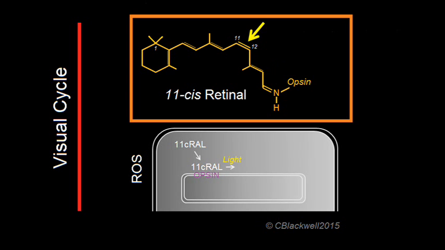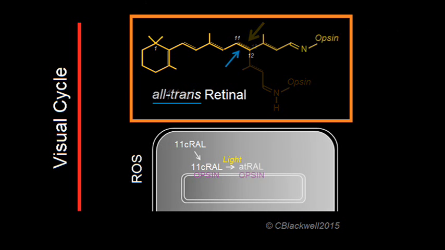When light is absorbed by the 11-12 double bond, it allows the carbon chain to straighten out into the trans form. This quickly leads to the active form of rhodopsin we talked about before. Soon the retinal is disconnected from the opsin, briefly existing as free-floating all-trans retinal, which has significant toxicity to the cell.